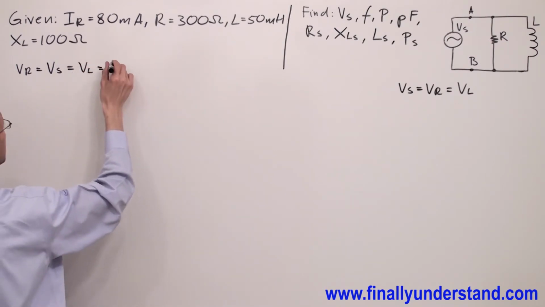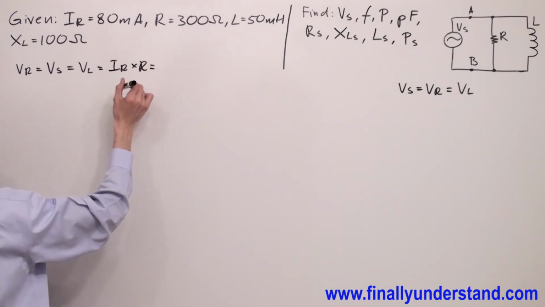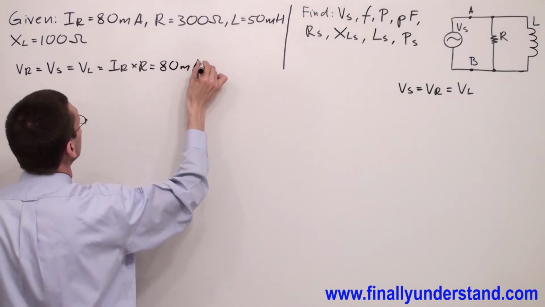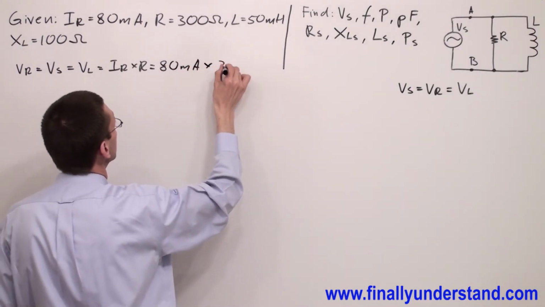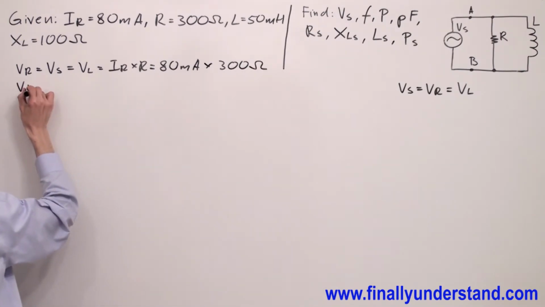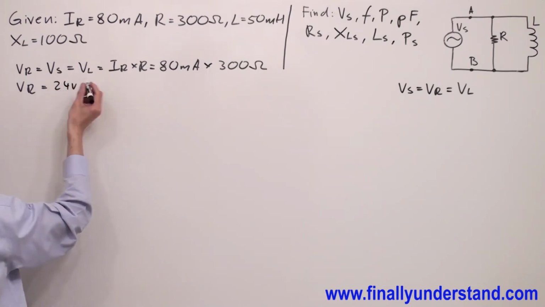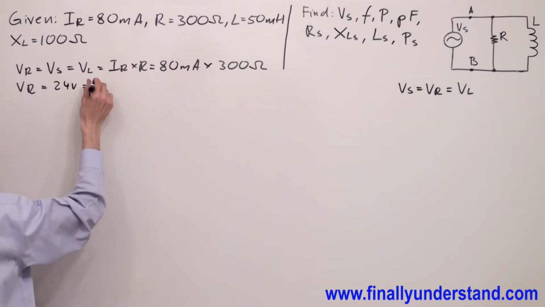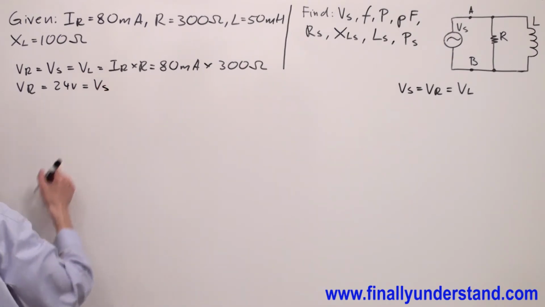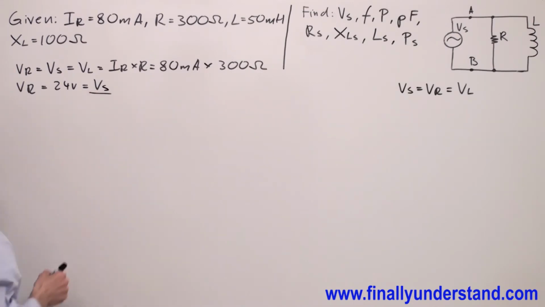This is equal to IR times R, where IR is equal to 80 milliamps times R, 300 ohms. So VR is equal to 24 volts, and at the same moment this is also the voltage across the voltage source. So I found the source voltage.